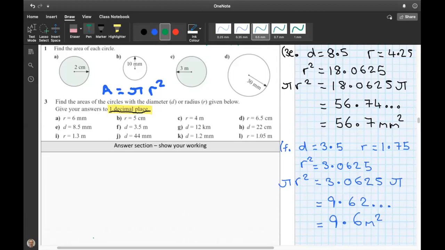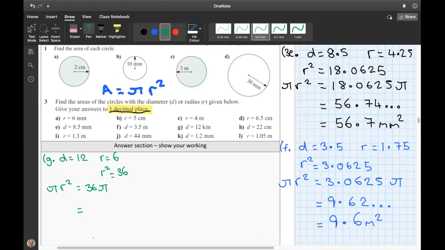Okay, having a look at G now. Question 3G. Our diameter here was 12, so our radius will be half that, 6. R squared is going to be 36. So pi r squared will just be 36 pi. We then need to press our SD button and work out its numerical value.